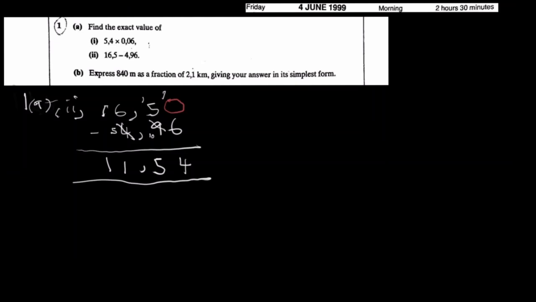So remember that our answer is 11,54, because I'm going to clear the working space. Basically, we do not want to add 10 and then add 1 the way we were doing. We just want to do it directly. 16,5 subtracting 4,96, 0 here.